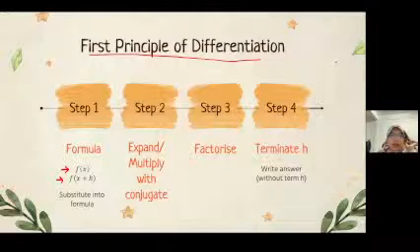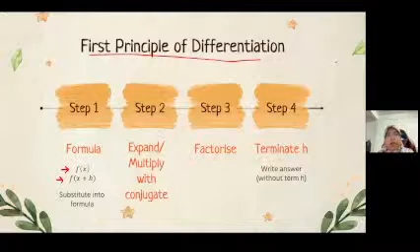Okay, and then you should be able to expand them or multiply them with the conjugate, because when we are finding dy over dx or f prime of x, we are going to get 0 over 0 somehow. So that's the reason why we have to either expand or multiply with the conjugate.